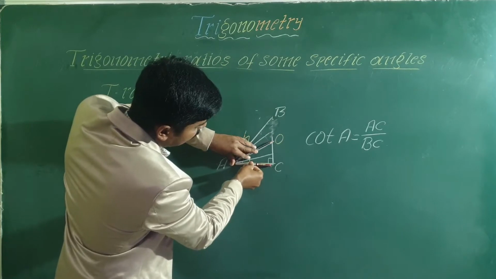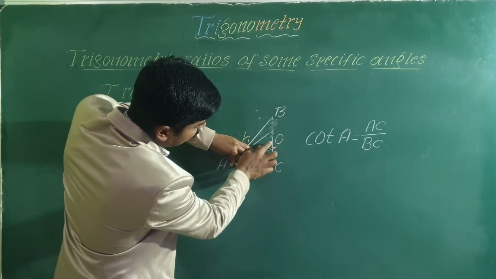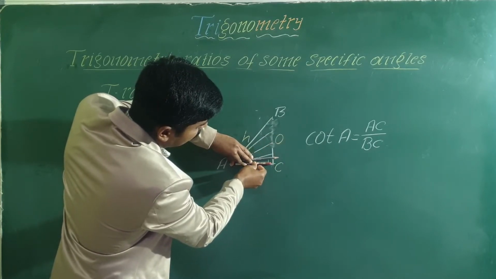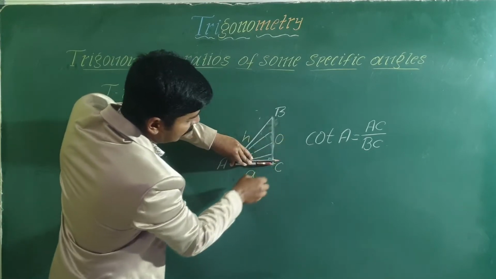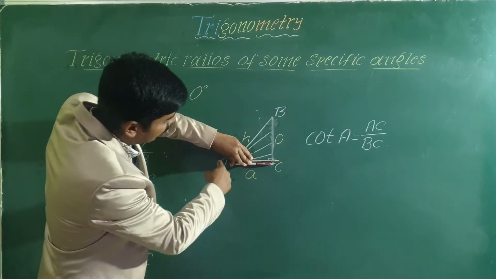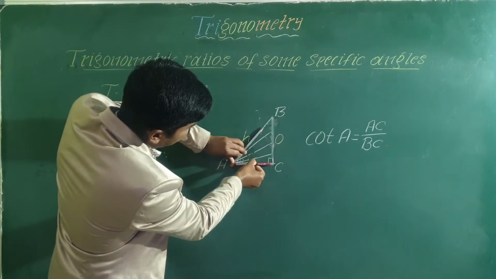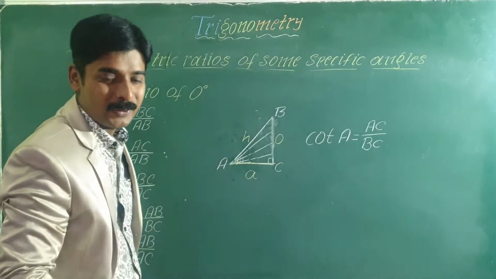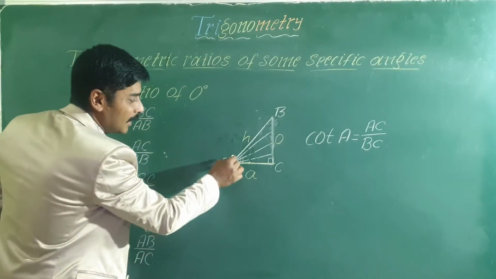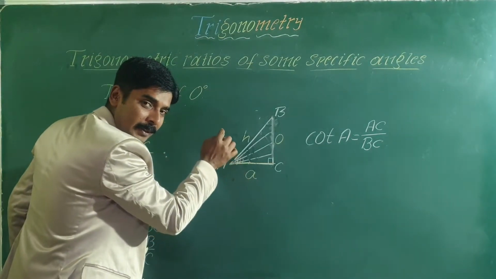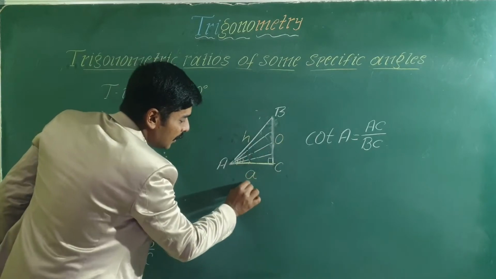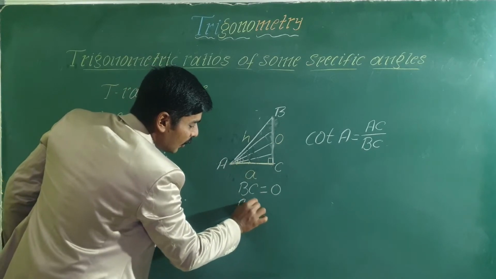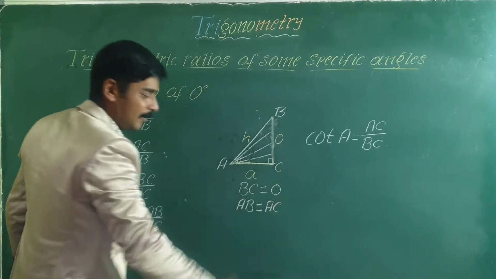Now further you reduce this angle A. See, the angle A is becoming smaller, and BC also will become smaller and smaller. Finally what happens to your BC? BC will become 0, and the line AB will almost become equal to AC. Hope you understood. So when this angle A is made 0 degree, your BC becomes 0, and AB and AC almost become equal.